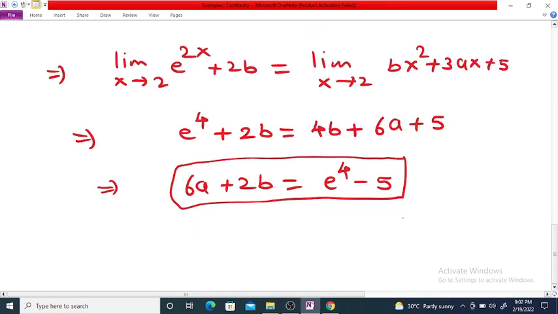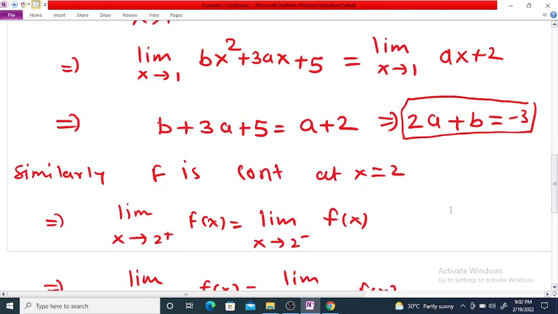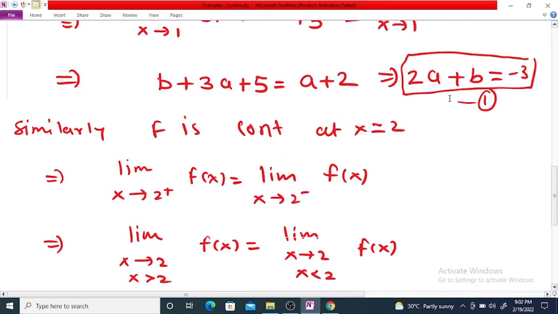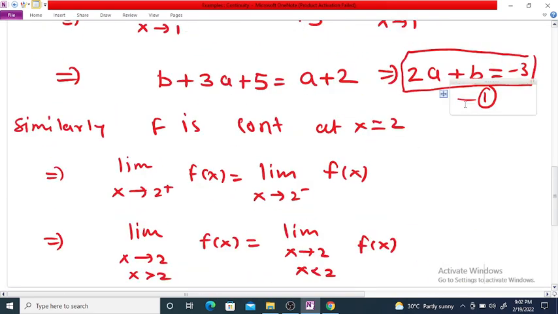Similarly, now we can solve. Say this is equation number 1 and this is equation number 2. From these two equations we can solve for a and b. So to solve for a and b, just multiply the first equation by 2.